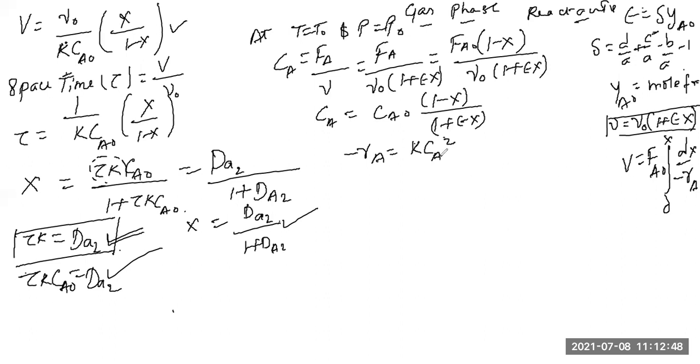So in place of rA we will put k CA square, and then in place of CA square we will put this. After solving, we will integrate.